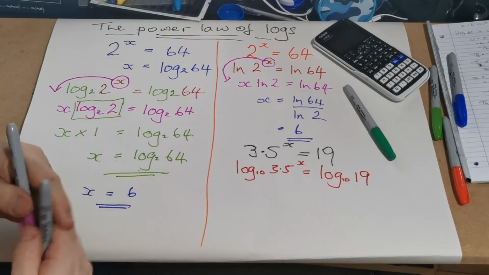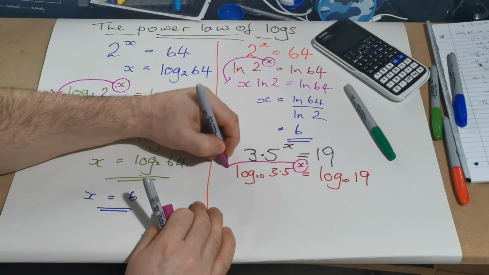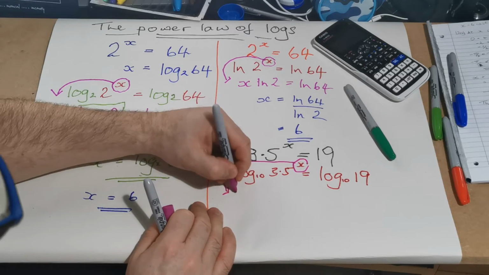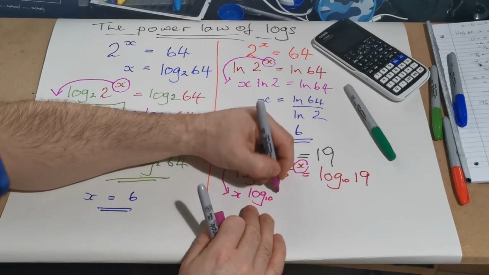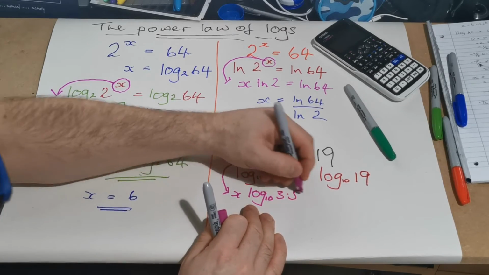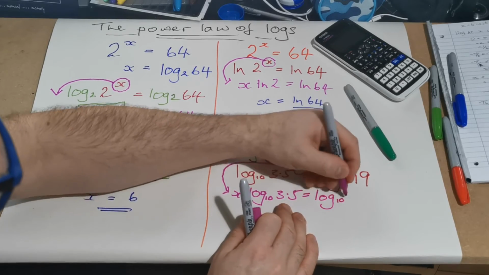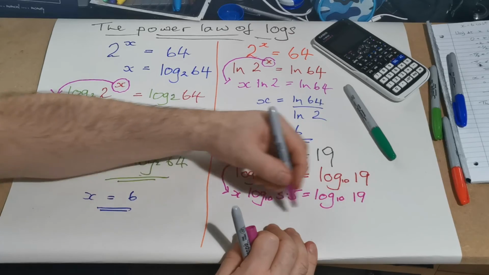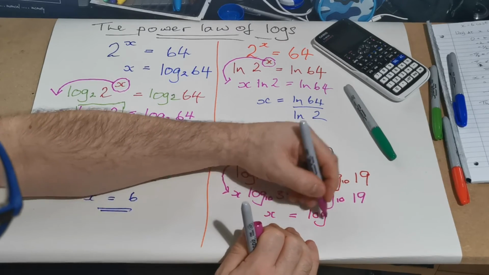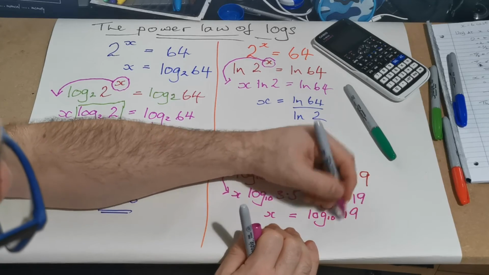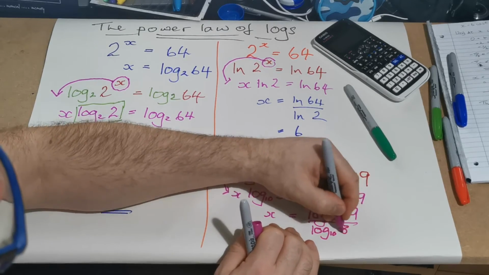I'll use that power law to bring this power down. I'm going to say x log to the base 10 of 3.5 is equal to log to the base 10 of 19. So x is equal to log to the base 10 of 19 over log to the base 10 of 3.5.